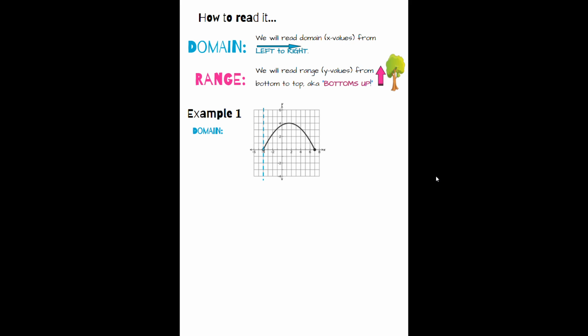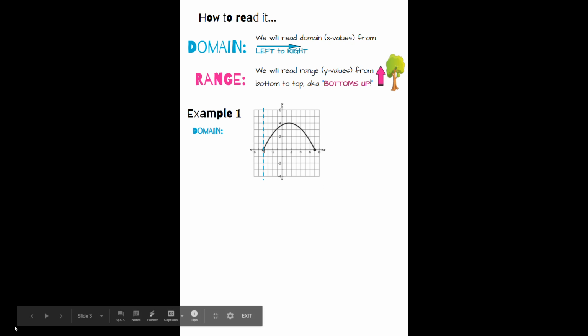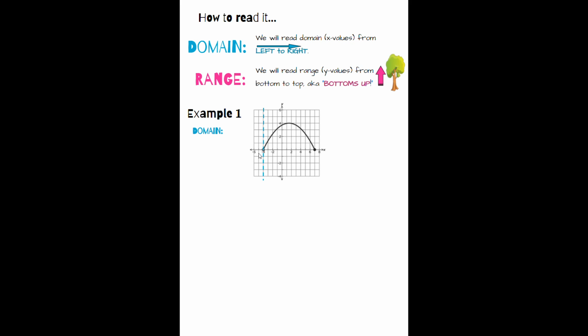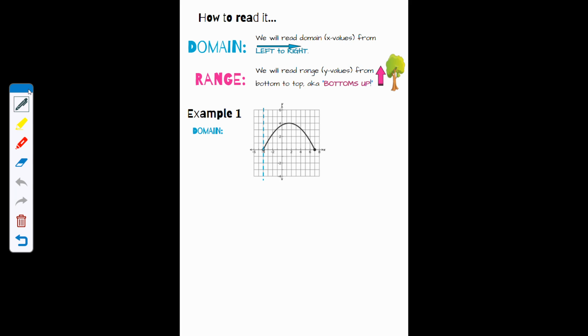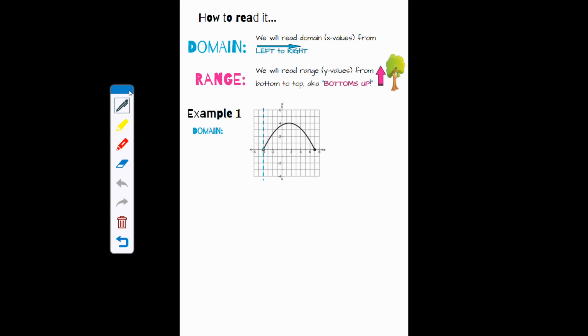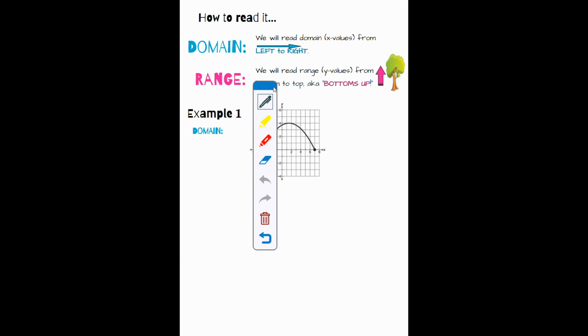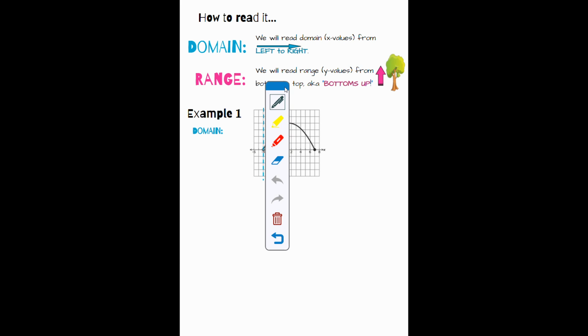Whoop. So since we're moving from left to right, let's see that one more time. I'm going to go ahead and bring over this line right over here because I'm going to use this as an example. So I'm moving this from left to right and I stop right here because this is where I begin.